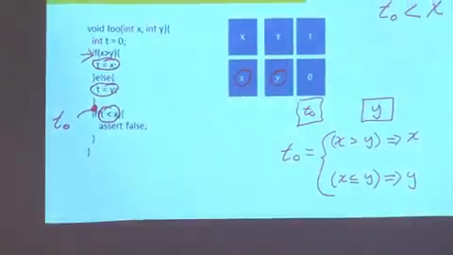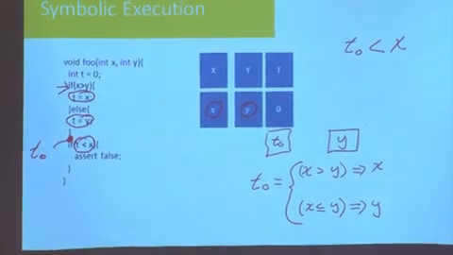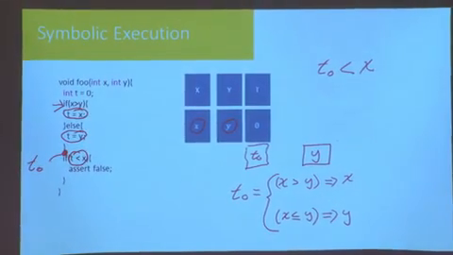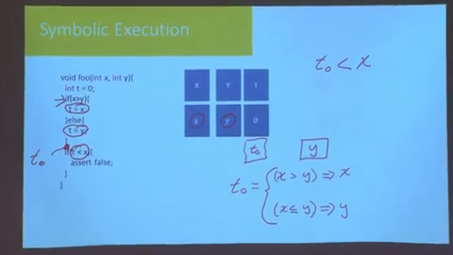We know that t0 is going to be equal to x in some cases, and it's going to be equal to y in some cases. And so this now gives us a set of equations that we can solve for. So what we can say is, is it possible to satisfy t0 less than x, knowing that t0 satisfies all of these properties? Right?